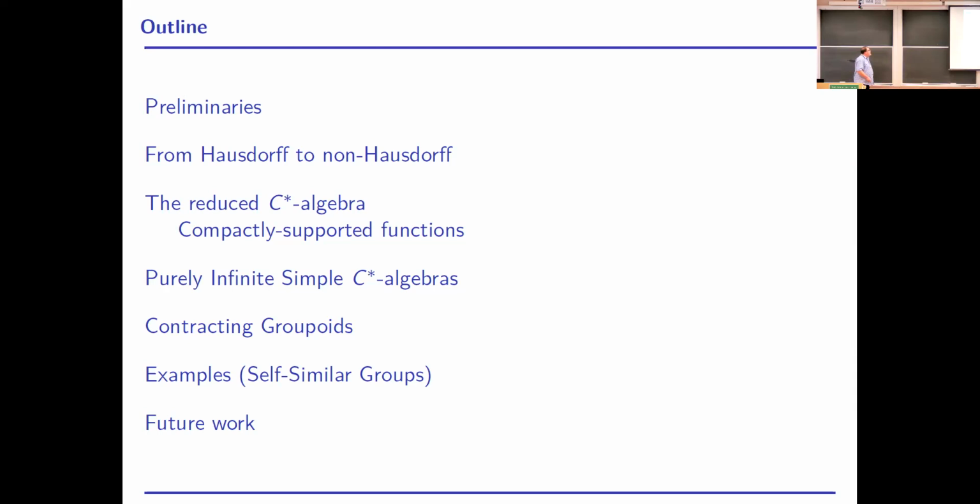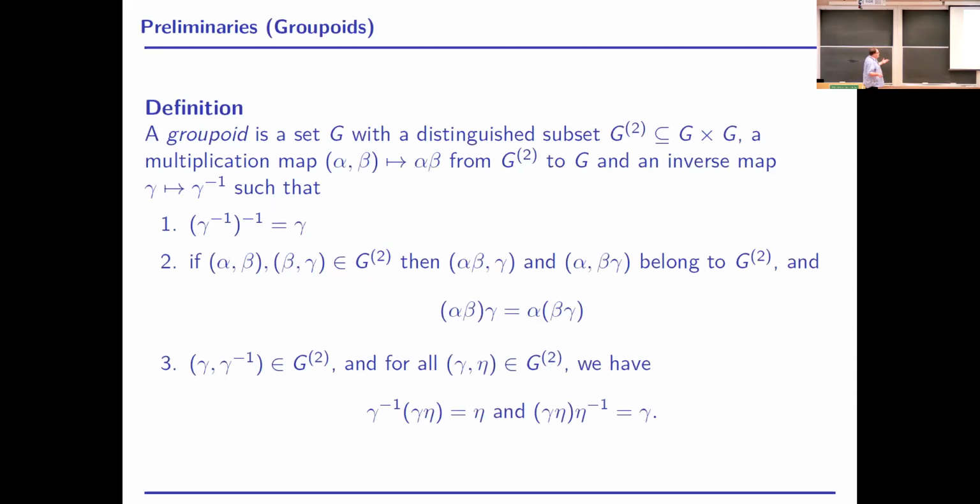in Anna's talk. So first of all, a groupoid, as we've seen multiple times today, is a group with partially defined multiplication. So we have a distinguished subset G2, which is in a multiplication map that takes these elements to the product alpha beta, and an inverse map gamma to gamma inverse, such that the inverse map is an involution, and if two products are composable, the product is associative and makes sense as you'd expect.